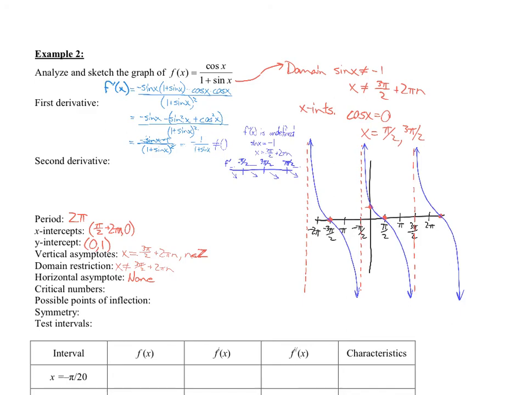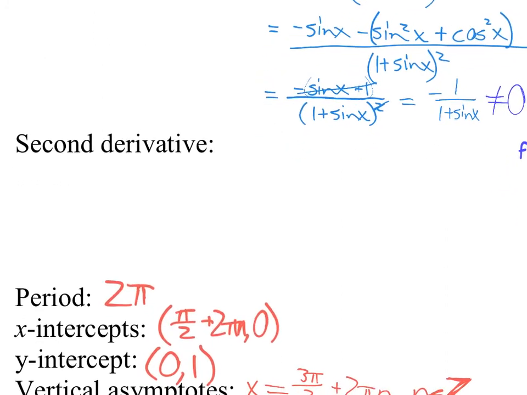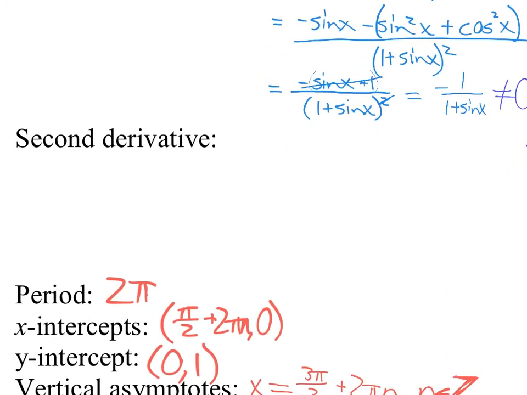Okay, so I'm going to use this fully simplified version, the negative 1 over 1 plus sine, and I'm actually going to rewrite it as f prime of x is negative, 1 plus sine x to the negative 1. That way I can use the chain rule.